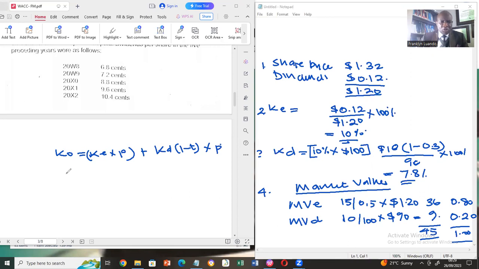So here, the cost of equity was 10%, multiplied by the proportion, which was 0.8. Plus KD was 7.8. So we ignore the 1 minus T because it has already been taken into account when calculating this figure. So it will be multiplied by 0.2.